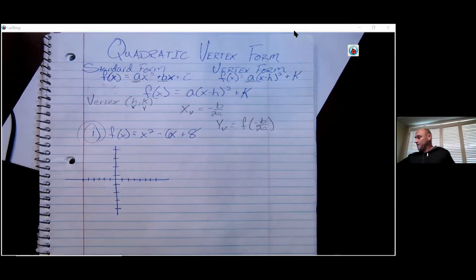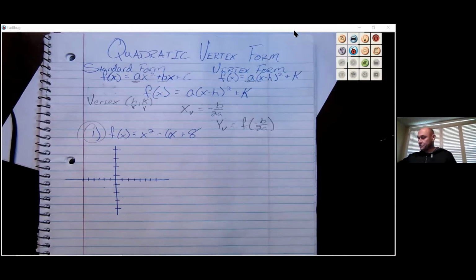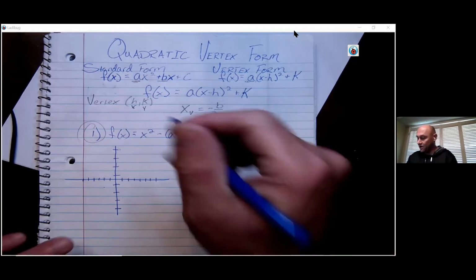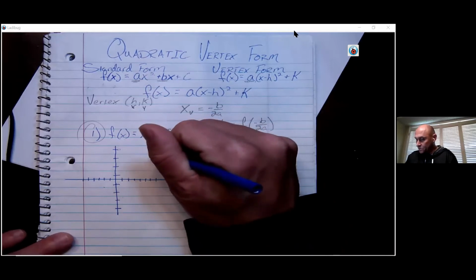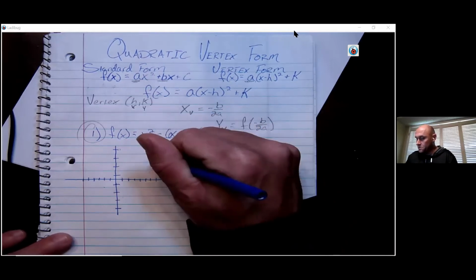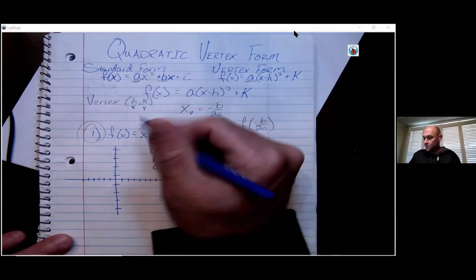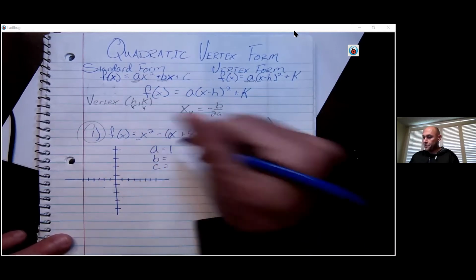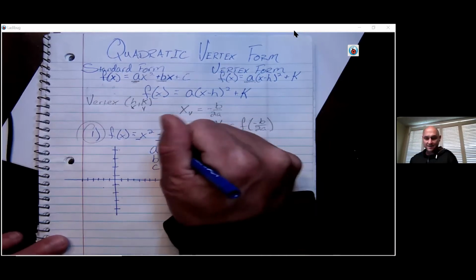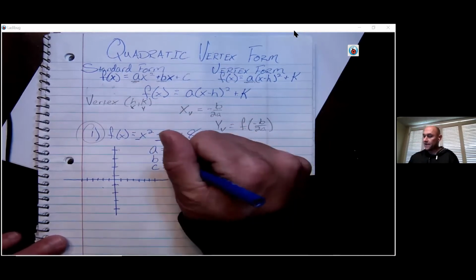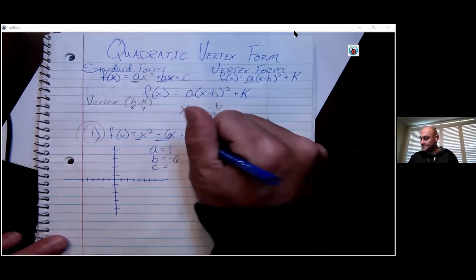So like we've gotten accustomed to, we'll go ahead and write in our a, our b, our c. So a in this equation is 1, b is negative 6, and c is 8.